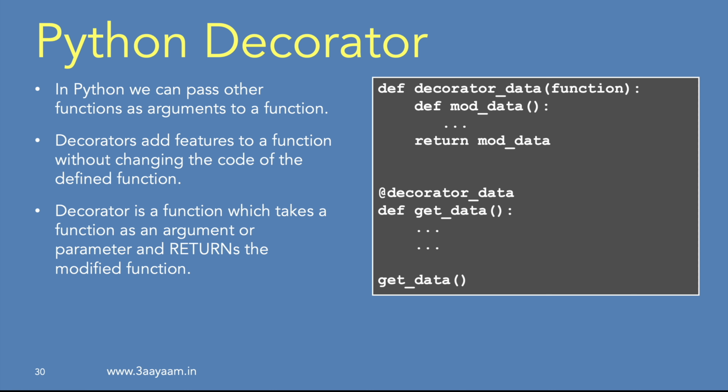So the class is decorated rather than the function. I'm not going into the details of class decoration. Function decoration should be enough to understand what Flask is doing behind the scenes. We'll not go into the implementation of Flask, how Flask is decorating, how it is creating an API, but I hope you get the gist.